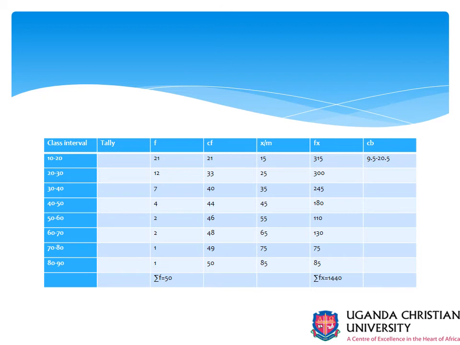So that class boundary column, I didn't complete it because in this particular data set of ours, we took age to be discrete. Now age can be discrete, can be continuous, depending on the purpose of the study that you are carrying out. If it's medical, then you'll take age to be continuous in nature.